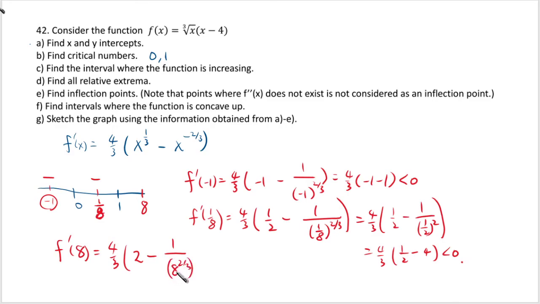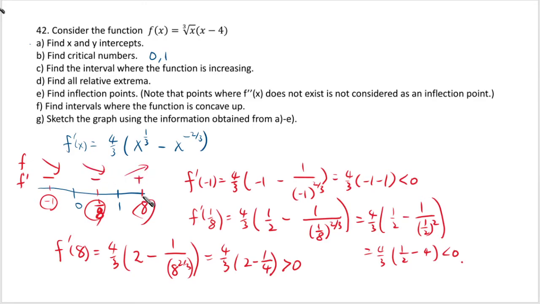The 1/3 power of 8 is 2, and 2 squared is 4, so that's 4/3 times 2 minus 1/4, and that's positive. Since this is the sign of f prime, that means f is decreasing, decreasing, and increasing. So the only interval where the function is increasing is 1 to infinity.